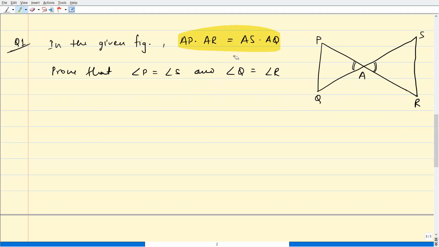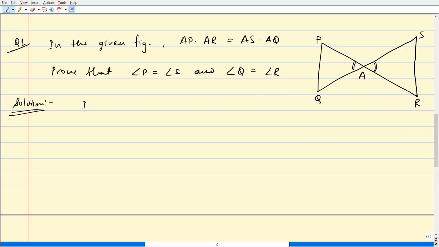So it will become AP by AS is equal to AQ by AR. So the sides are proportional. Yes, absolutely. So by SAS, it is similar, sir. Then by CPST, I proved angle P is equal to angle S and angle Q is equal to angle R.